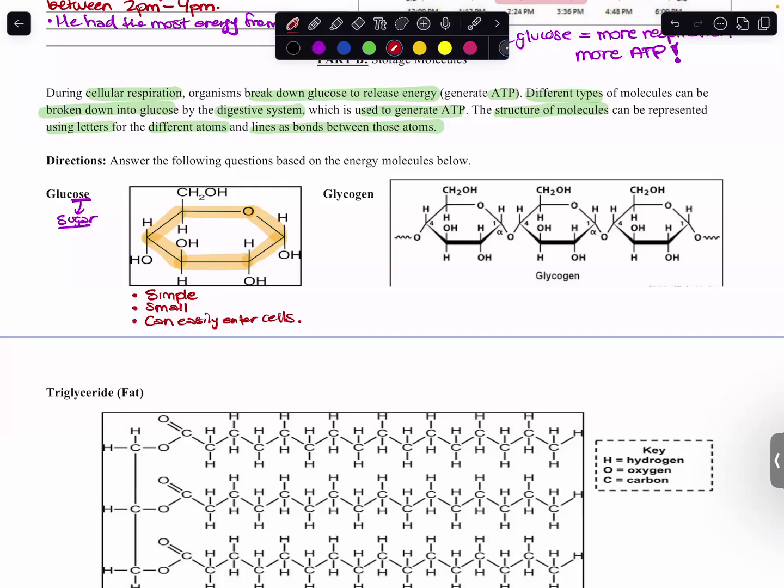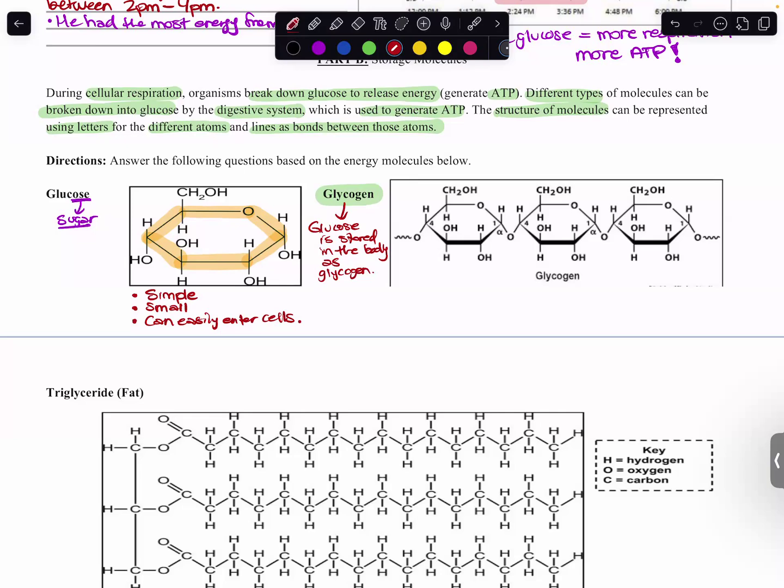Now, if we take a look at glucose's cousin, if you will, we see glycogen. We briefly mentioned it as stored glucose, right? This is how glucose is stored in the body, as glycogen.